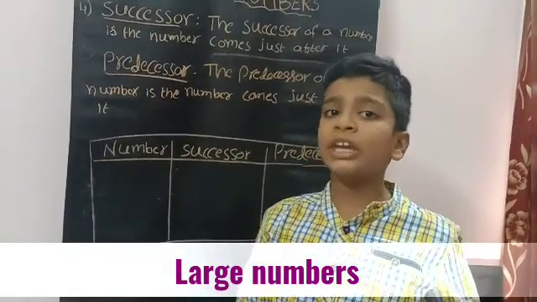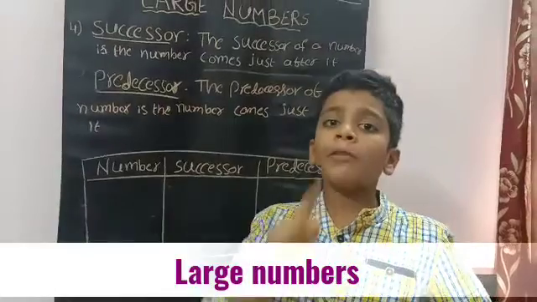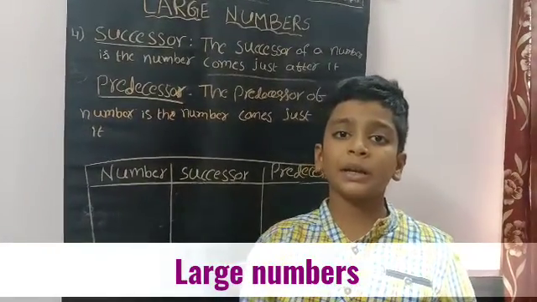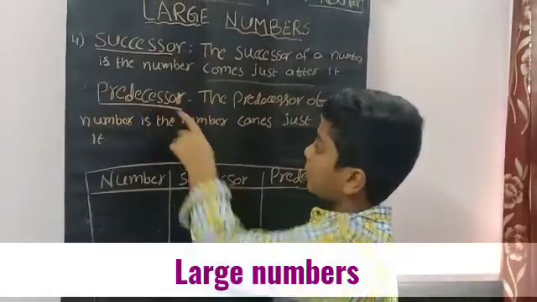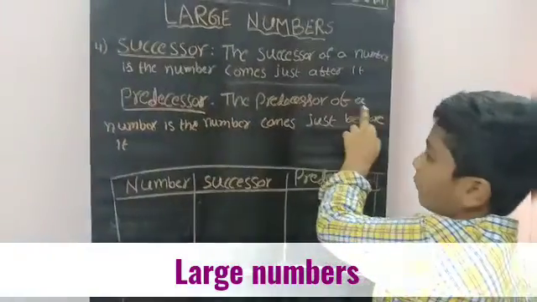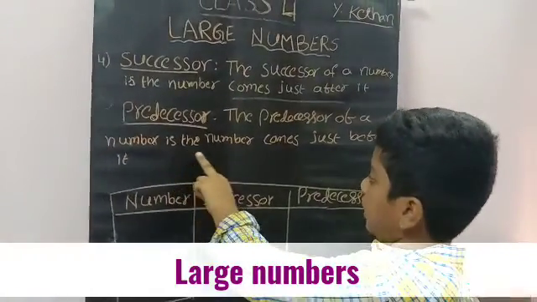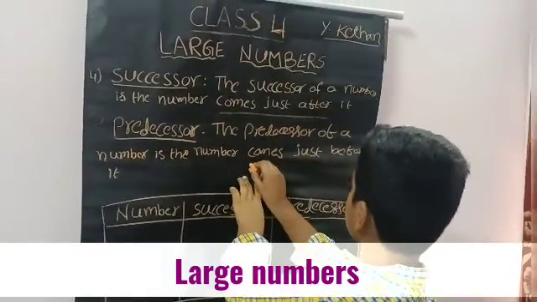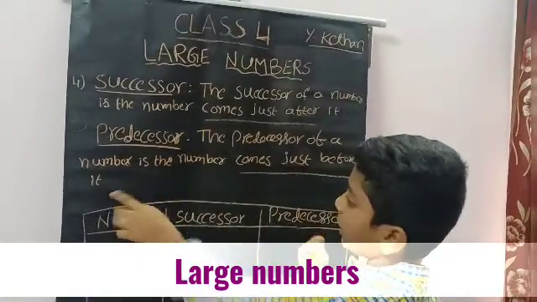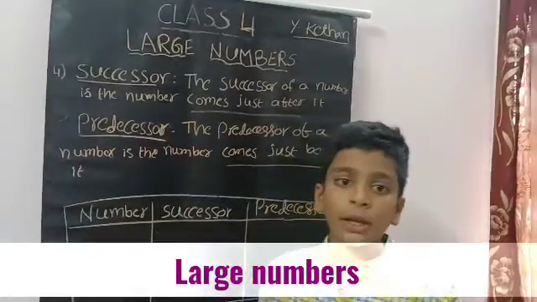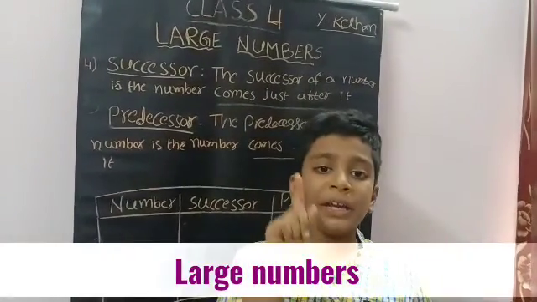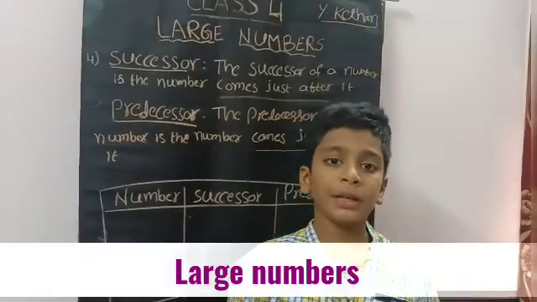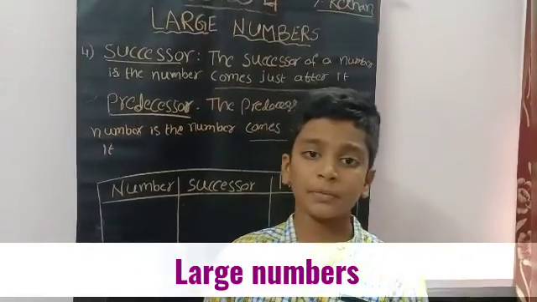If we add 1 to that number, it becomes the successor. Next, predecessor. The predecessor of a number is the number that comes just before it. Means we should subtract 1 from any number, and it becomes the predecessor.